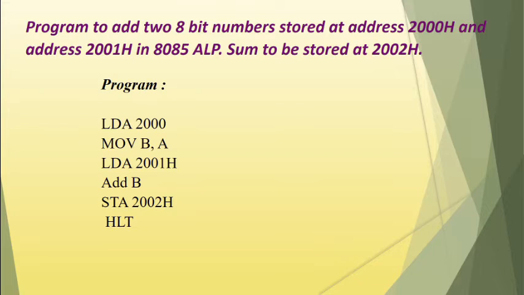First of all, we will load the contents of 2000H into the accumulator. For that, the command is LDA 2000H.